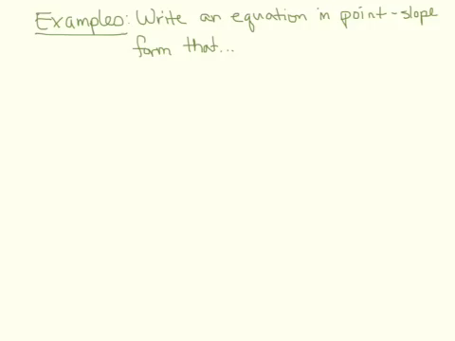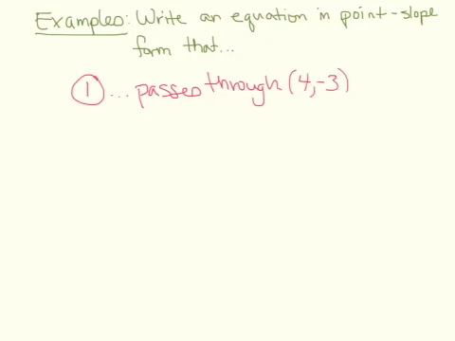For every example we do today, I'm going to ask you to write an equation in point-slope form. Our first one is to write an equation in point-slope form that passes through the point (4, -3) and has a slope of 2.